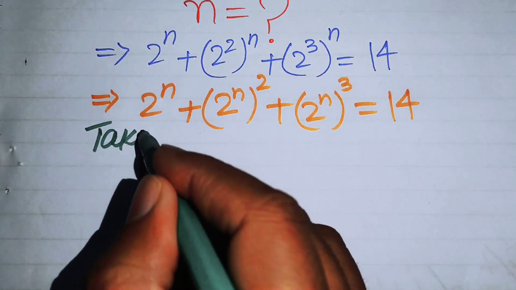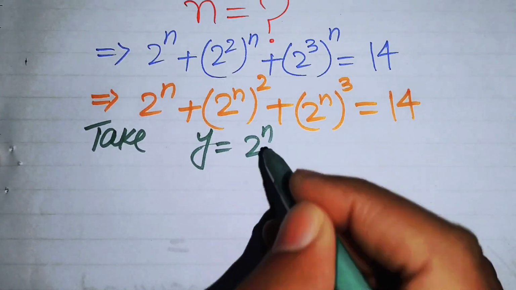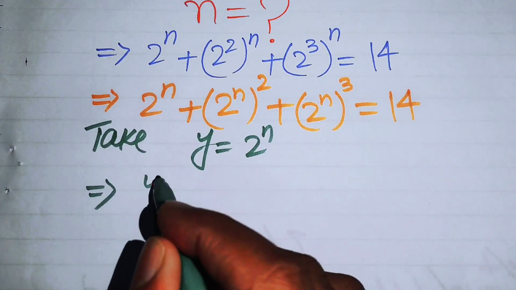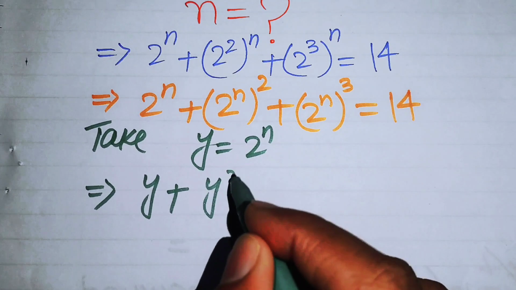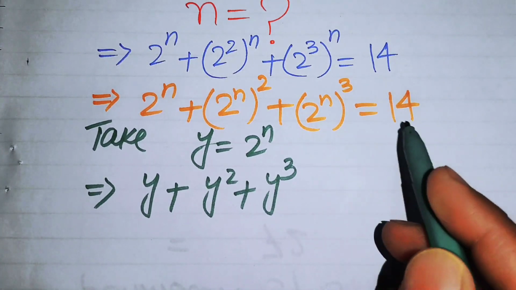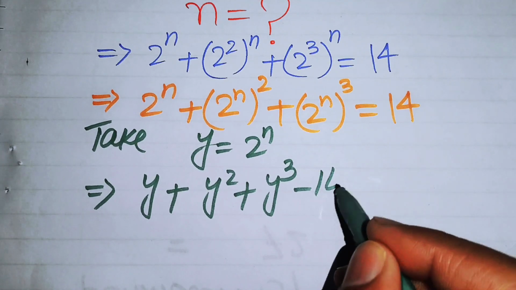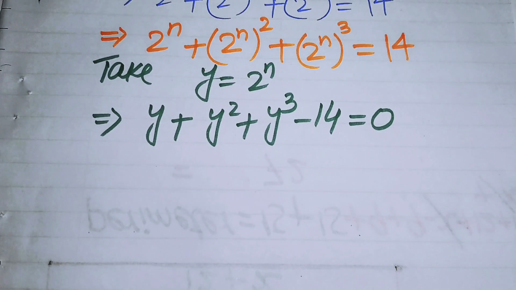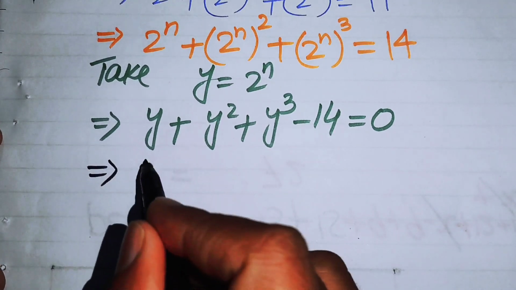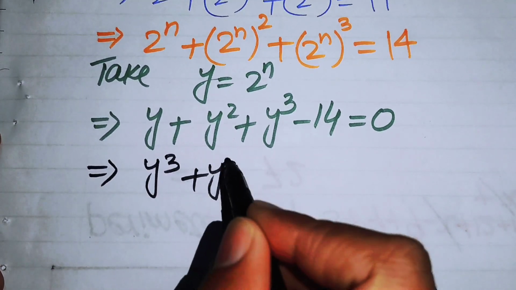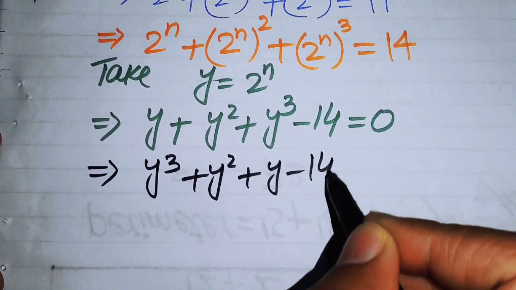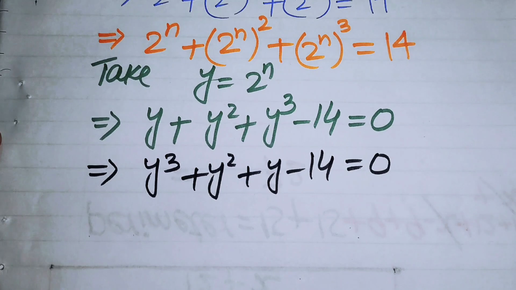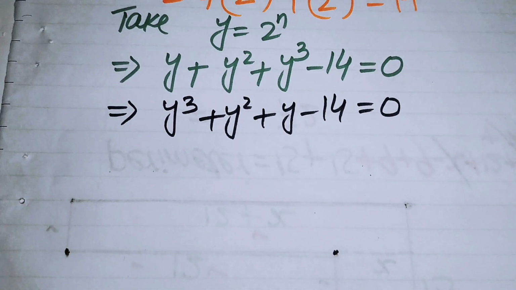So the above equation implies y plus y squared plus y cubed, and we move this 14 to the left hand side, so it is minus 14, and this whole equals 0. Now we rearrange this equation and write it as y cubed plus y squared plus y minus 14 equals 0. Now it is the important task to solve this cubic equation.